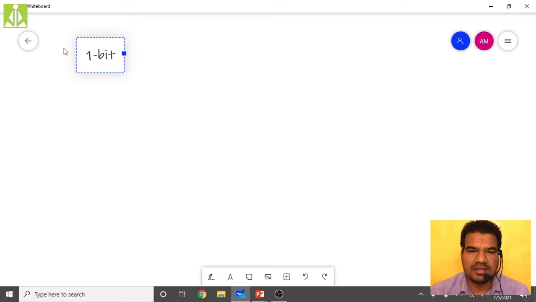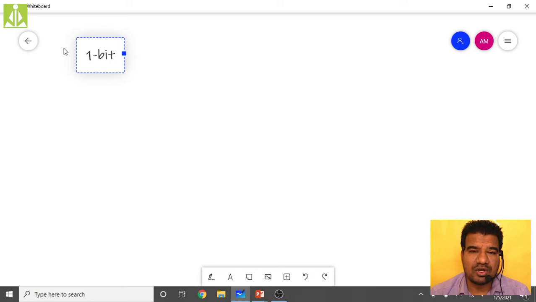1 bit is a very small portion of the memory where you can store only 1 bit. 1 bit means you can store either 1 or 0. As you know, in your binary language, in your machine language, we are going to have only zeros and ones, isn't it?